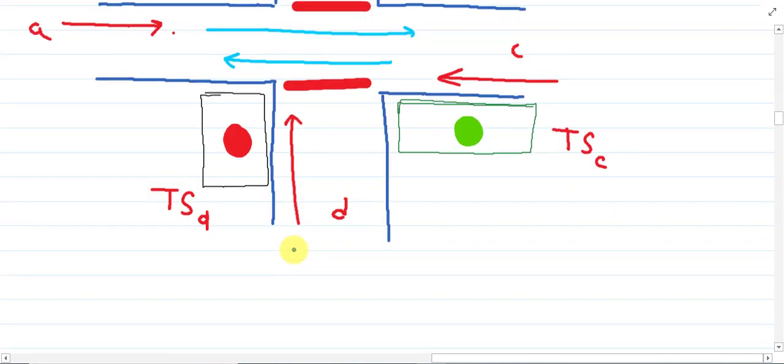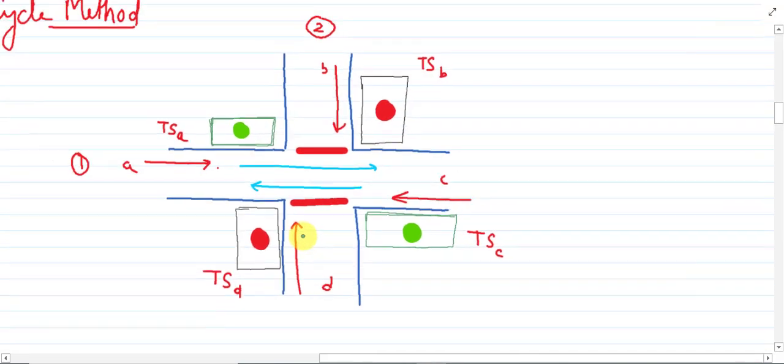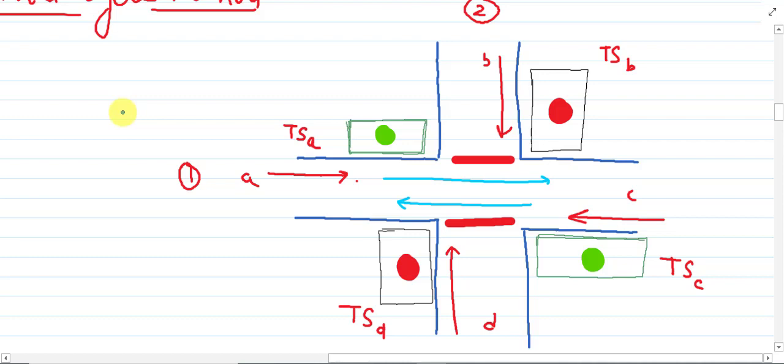Okay, so this is the meaning of traffic signals, how they will work, and this figure is useful after the solution of any numerical. So please refer to this condition, how we will work on this.